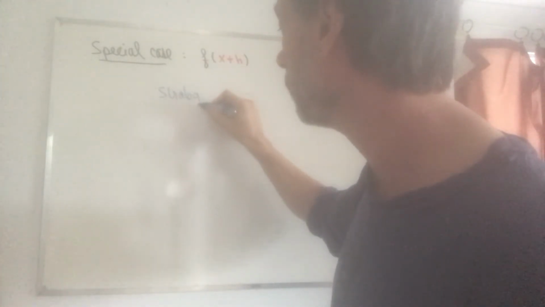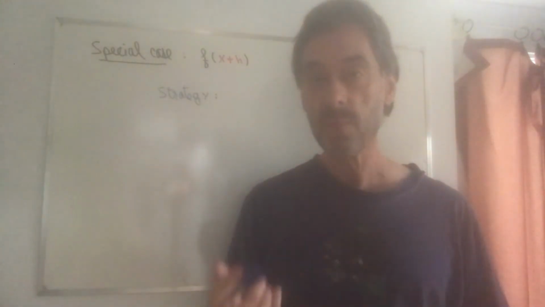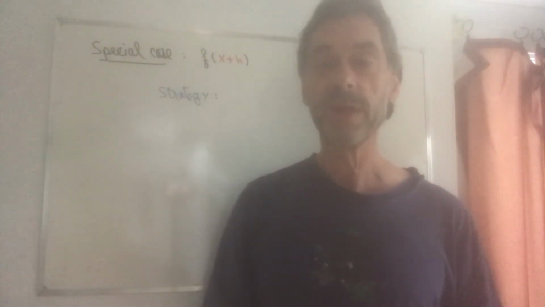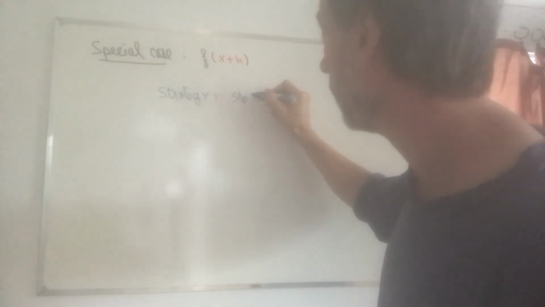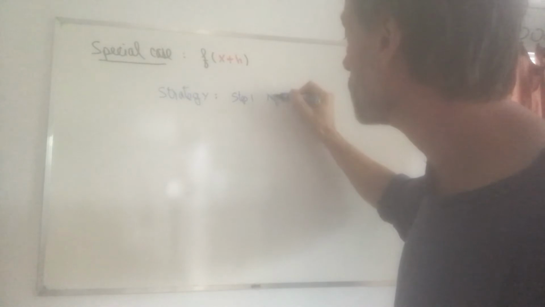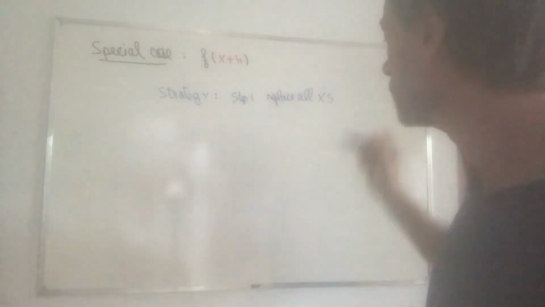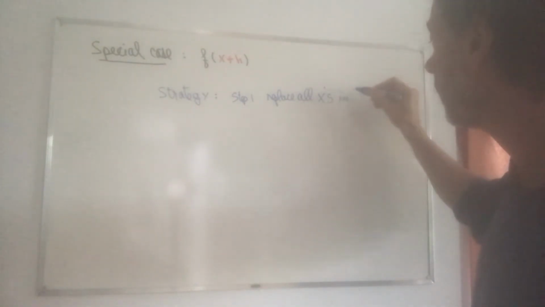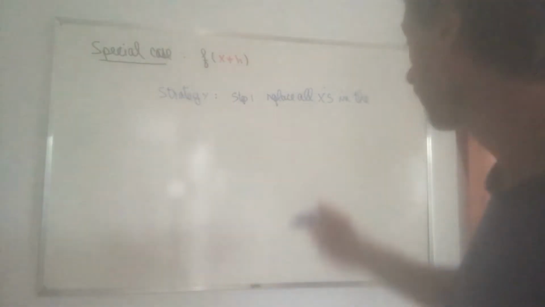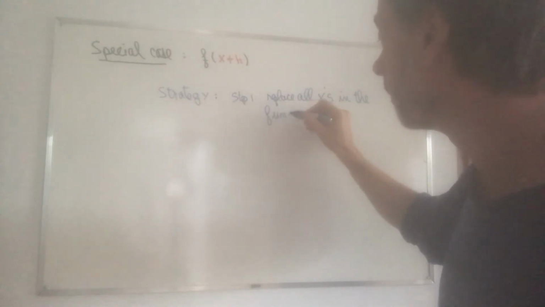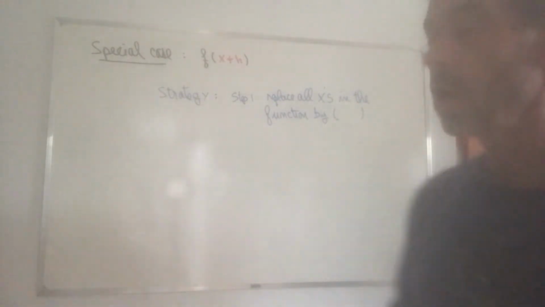All right, so what's going to be our strategy to find f of x plus h, this important part of function evaluation? Step one: replace all x's in the function by an open bracket.